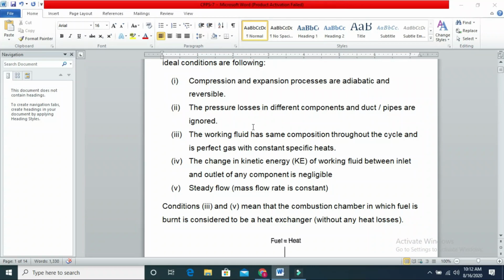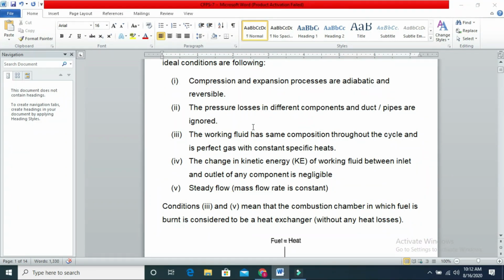Similarly, there are pressure losses when the fluid flows through various components, ducts and pipes. The pressure is decreased, but for the simplicity in the ideal cycle, we ignore the pressure losses. Similarly, in the gas turbine, after the combustion process, the composition is changed.